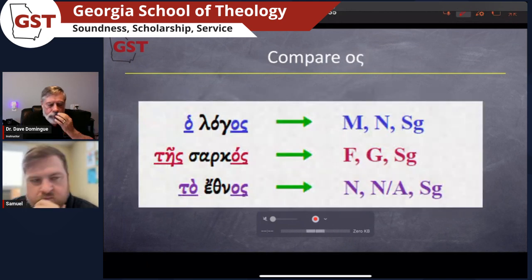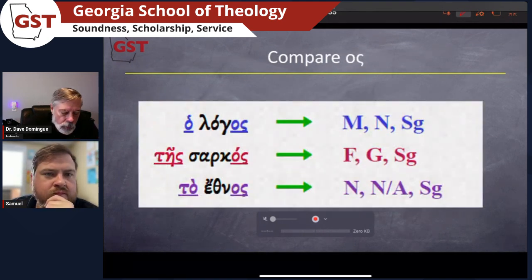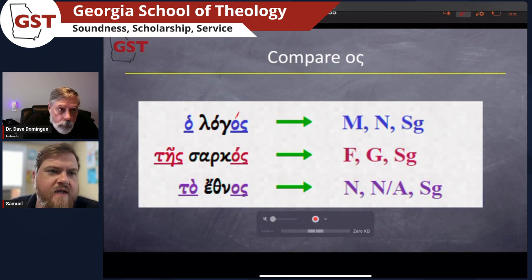Okay, so here's why this kind of matters. Logos, what declension and gender is that? It's second declension. Okay, what gender? Masculine. You know that for a couple of reasons, right?